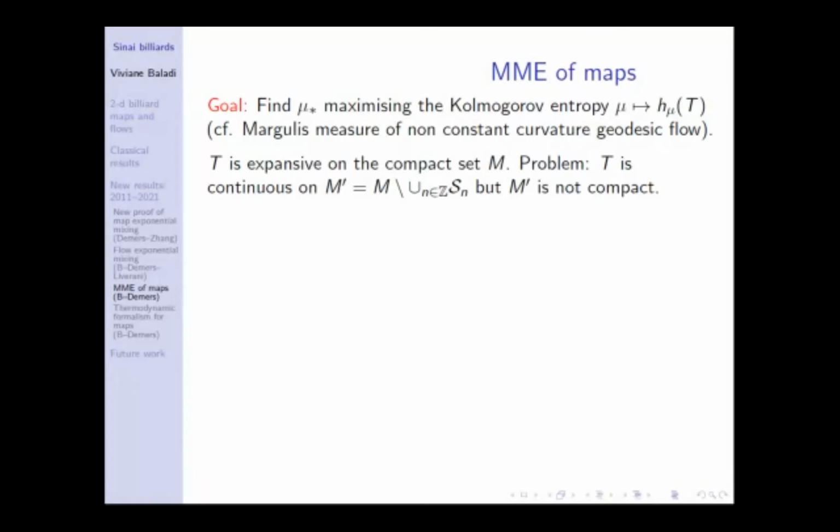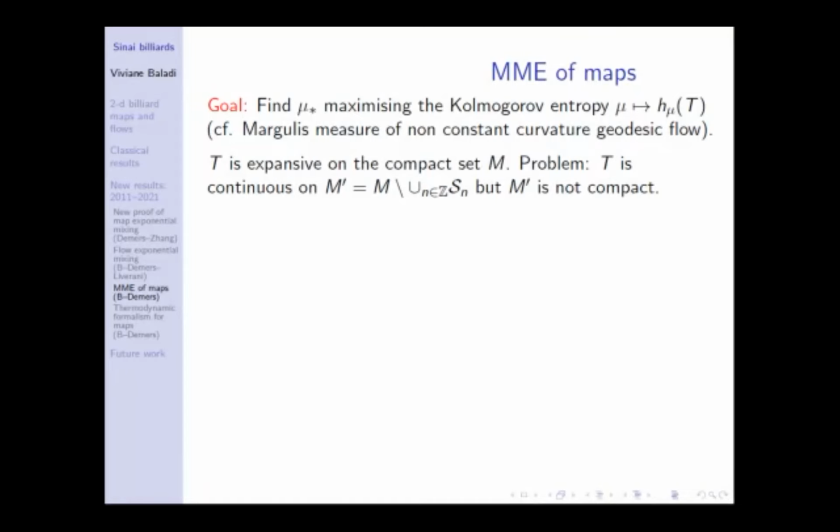What's the definition of measure of maximum entropy? When you have a discrete time dynamical system, which preserves a probability measure, this associates to the pair a number, which is a Kolmogorov entropy.